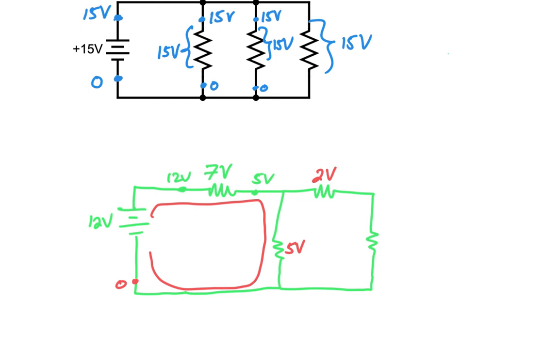Let's go ahead and draw that so that you can see it. We'll use the yellow. So we're making this complete circle. We've got a 12-volt supply, and then we're losing 7 volts, so we know 5 volts here. We lose another 2 volts.